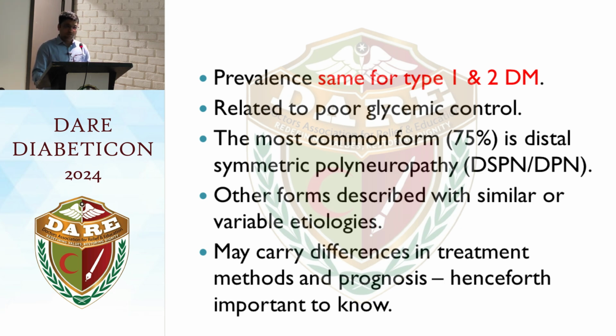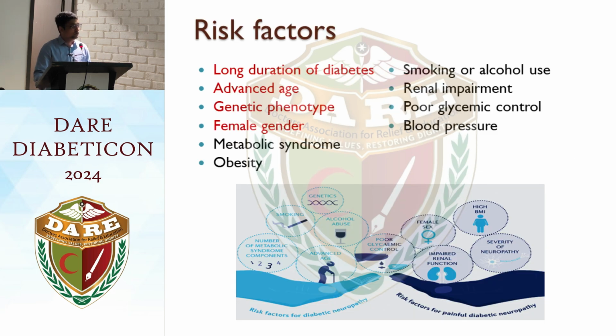The reason there is a necessity to understand the other forms of neuropathy is that the etiologies may be overlapping with diabetic peripheral polyneuropathy, or the etiologies may differ. When the etiology differs, the treatment plan also will be different. So if we understand and diagnose these cases, at least we can provide them the treatment options which can cure the disorders. So what are the risk factors for diabetic neuropathy?